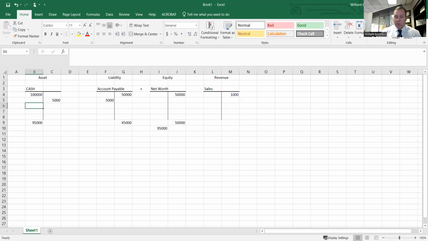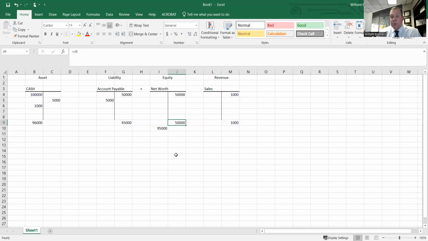And the other side of that is going to be cash. So now my normal balance in cash is 100,000 plus this new sale, minus the expense, of course, or minus the reduction in liability. And now I have a new item, revenue, as a result of sale, which means that now, where does that go? Well, revenue is going to ultimately net up into equity.